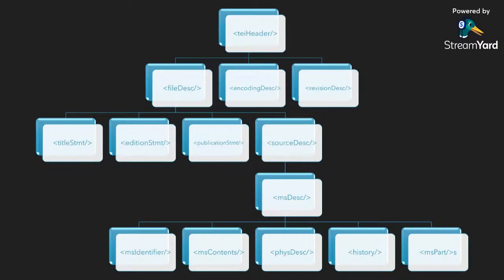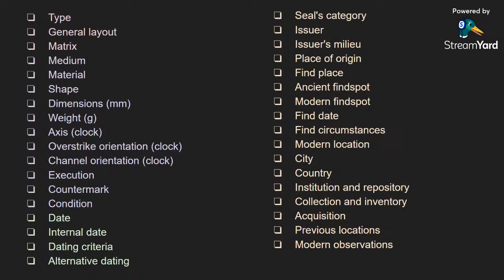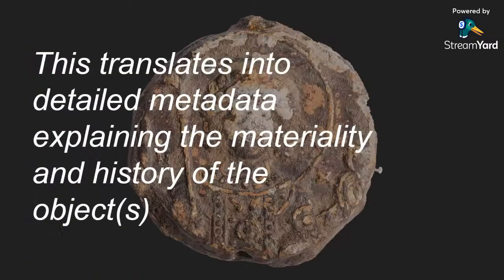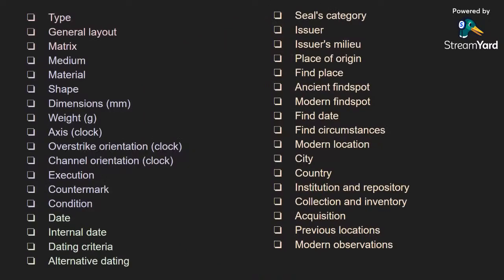So let's see here a very important thing, which, sorry, I will go one slide back. So of course, what I've been showing here in this slide translates into very, very detailed metadata, and I'm not just talking about the edition of a seal, but also of an inscription, of a papyrus. And all this metadata have to be very thorough in order to explain the materiality and the history of the object.